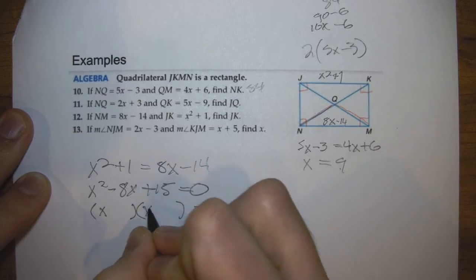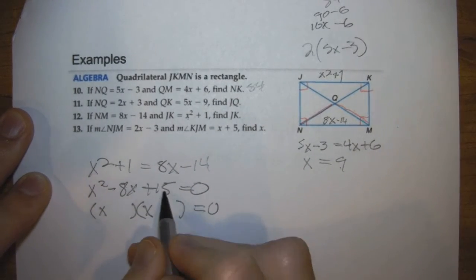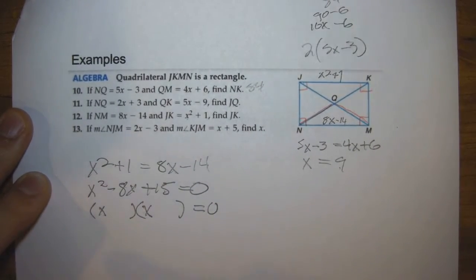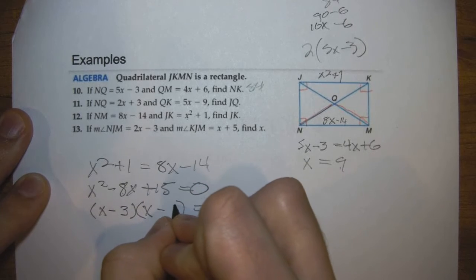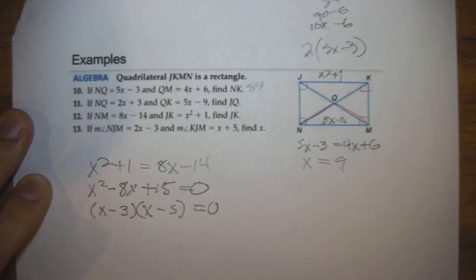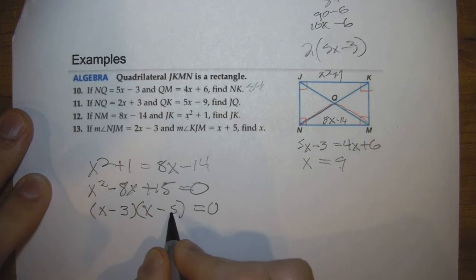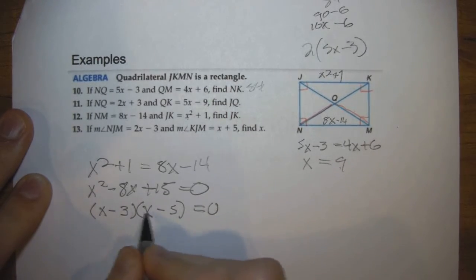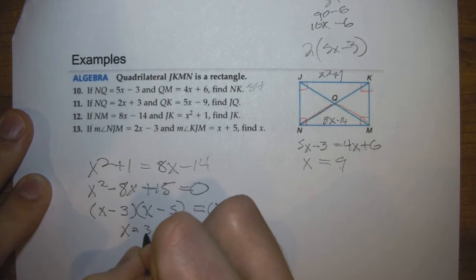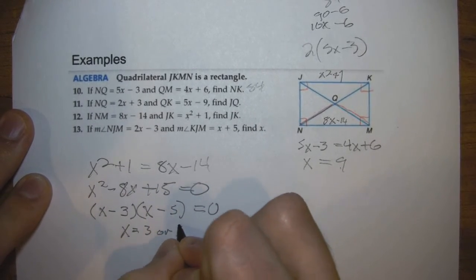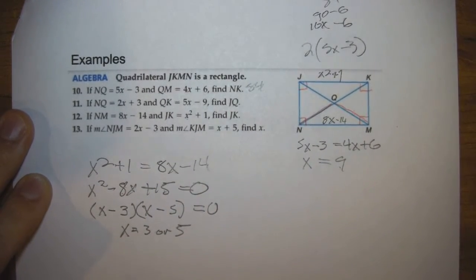Let's see, x and x would give me x squared. I need factors of 15 that when I multiply them, obviously, we'll get the 15, and if we add them, we'll get a negative 8. Well, I think 3 and 5 would do that just nicely. 3 times 5 negative, that is a positive 15, and then adding those would give me my negative 8. Looks good. So x could be 3 or 5, depending on our situation here.